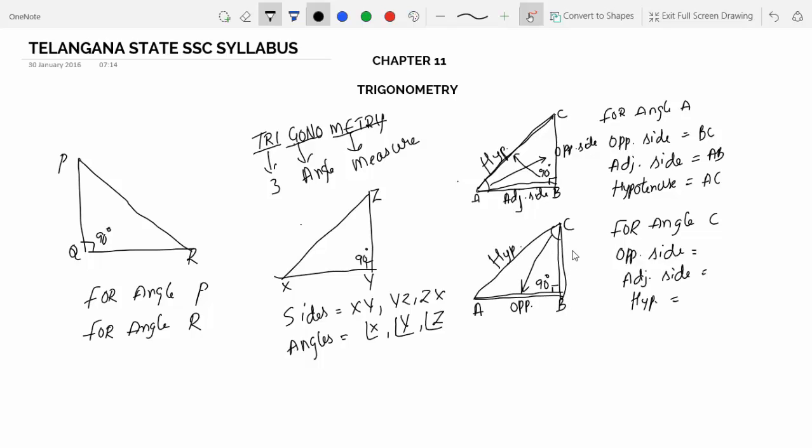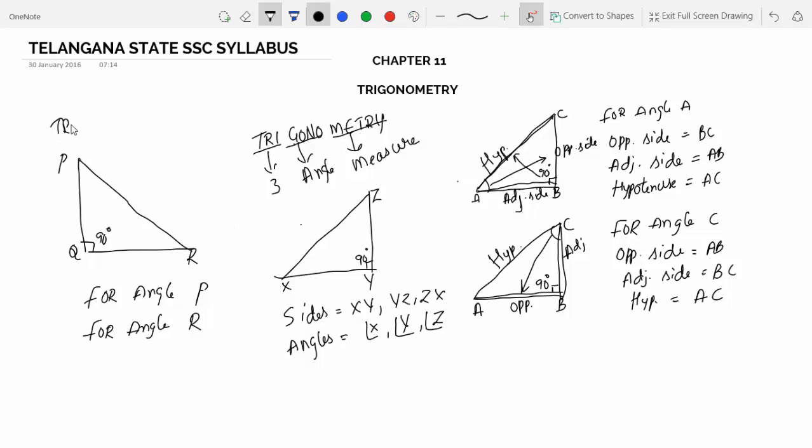The side adjacent to angle C is the adjacent side. So for angle C, the opposite side is AB, adjacent side is BC, hypotenuse is AC.